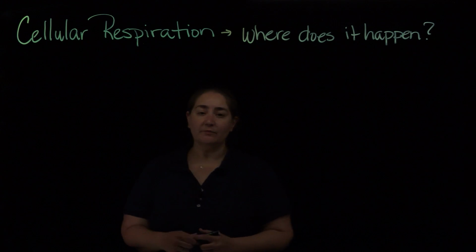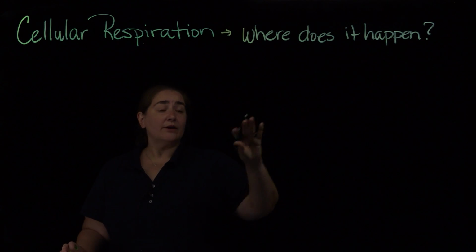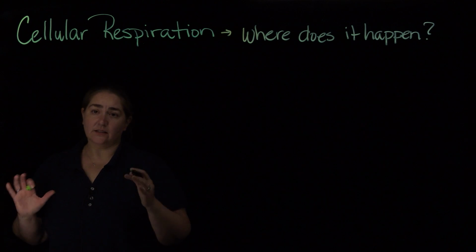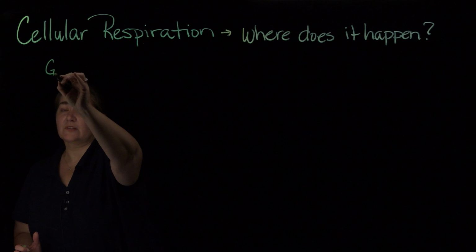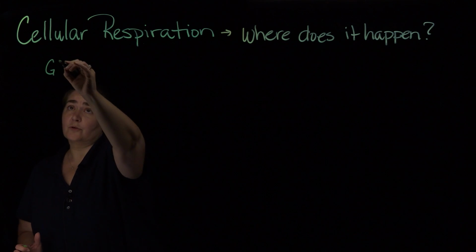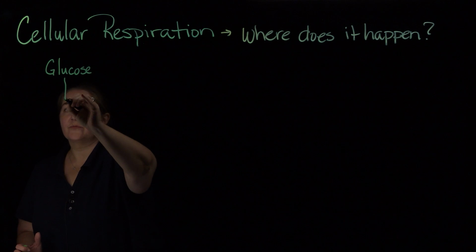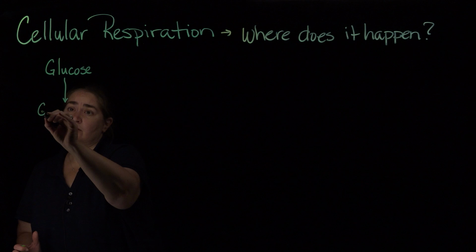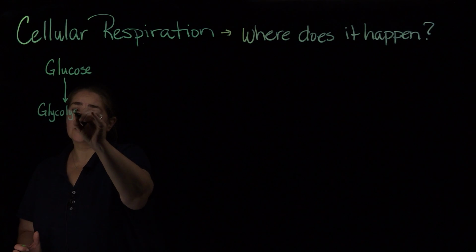Hello and welcome back. We're going to talk a little bit about where cellular respiration happens and about the flow of how this is going to happen. All right, so we're going to have glucose. That's going to be our sugar. That's going to be broken down by glycolysis.